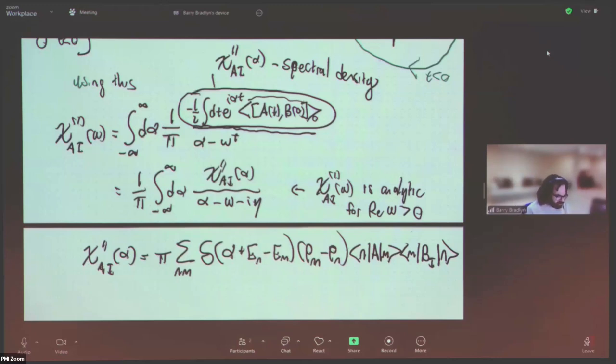So this function is called the spectral density because it is related to the density of states at some given frequency alpha, weighted by the matrix elements of our perturbation and the observable that we're looking at.